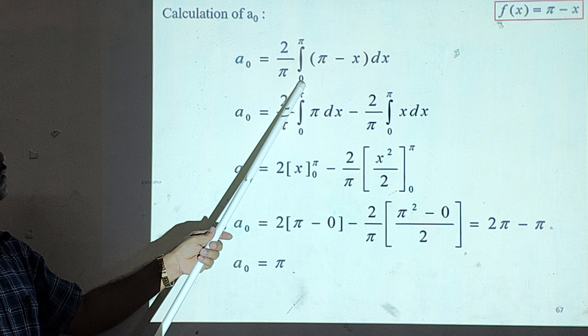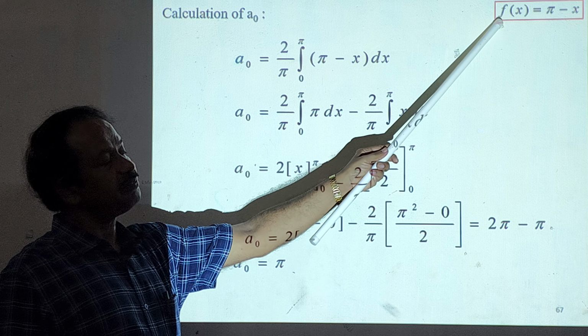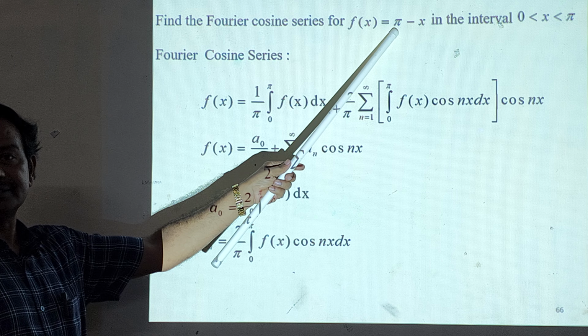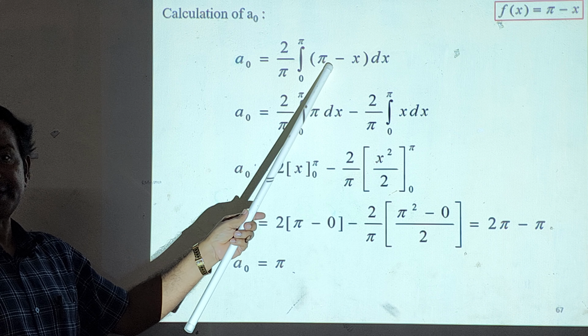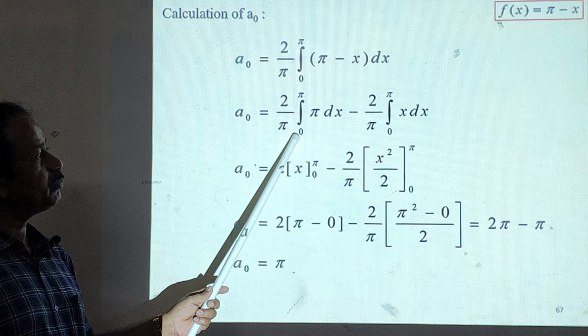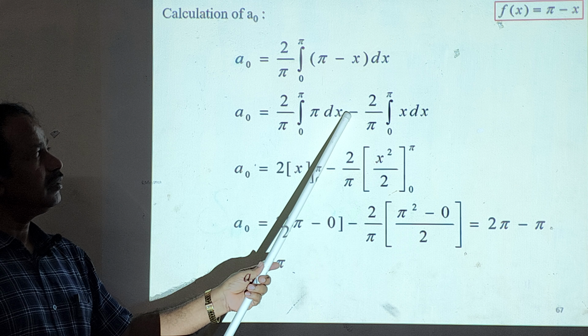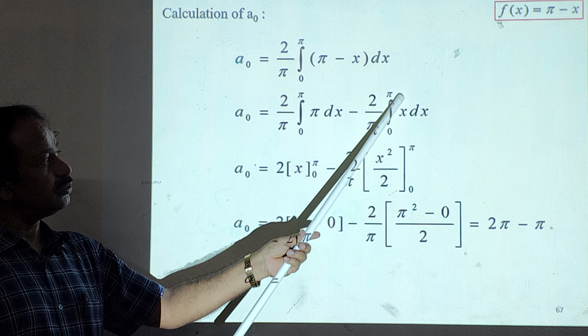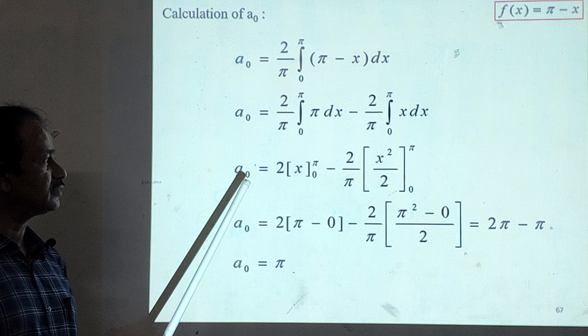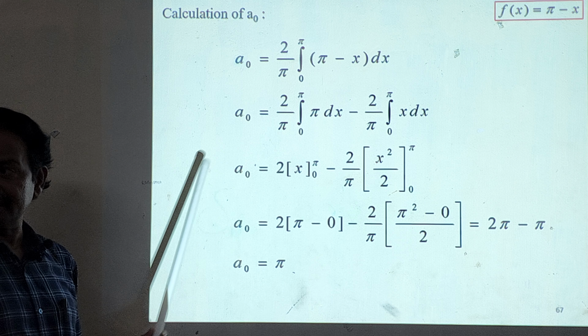a0 equal to 2 divided by pi, integral 0 to pi, f of x, which according to the problem is pi minus x, dx. So instead of f of x, you have to substitute pi minus x. I can separate: 2 divided by pi, 0 to pi, pi dx, minus 2 divided by pi, 0 to pi, x dx, correct? Pi is a constant, I can pull pi out. This pi and this pi will get cancelled.